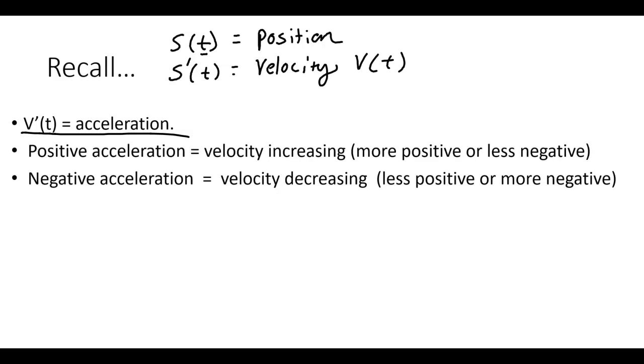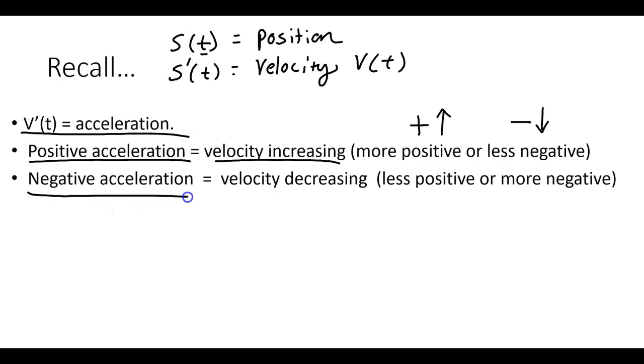Something else that we've discussed is how when you have a positive acceleration, that means your velocity is increasing. That either means it's positive and it's becoming more positive, or it is negative and becoming less negative. Because if you have a negative number and it's becoming less negative, that's actually increasing.